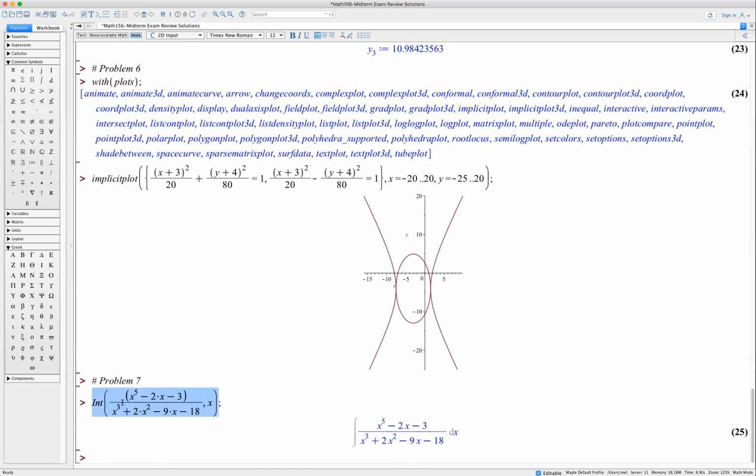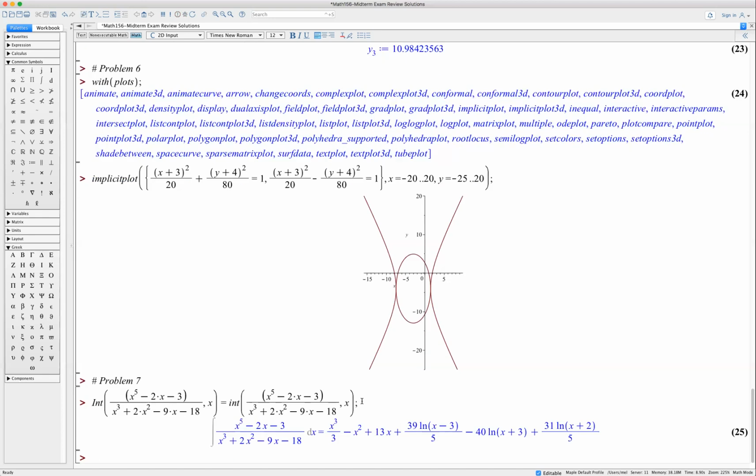But again, if I write this with a lowercase i, I get the solution. Huh, there it is. Sort of complicated, but that's what it is.